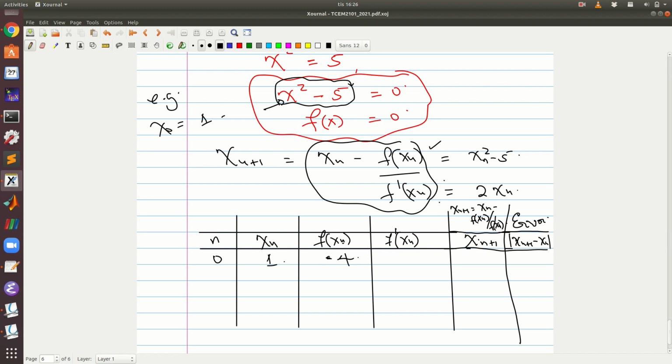Then f dash of xn, the derivative function is 2xn, so it is 2 times 1, which is 2. Then you compute xn minus f of xn divided by f dash of xn, fill it in here, and then you can get the error, the value xn plus 1 minus xn.